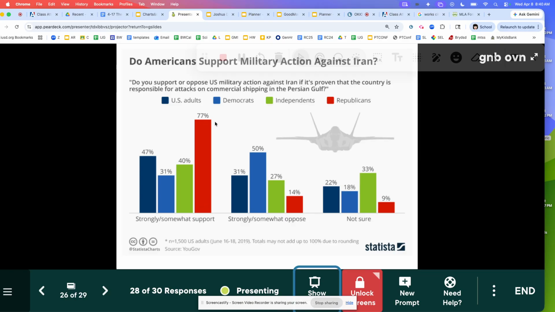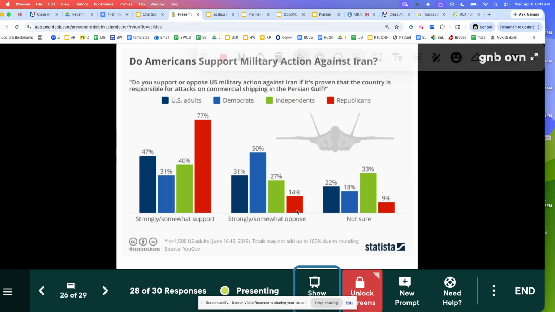You would say 77% are in support of the war with Iran, but you want to contrast that. 77 minus 14. So the difference is where the significance is. You would say something like a 63% difference in Republicans versus, because you do 77 minus 14.